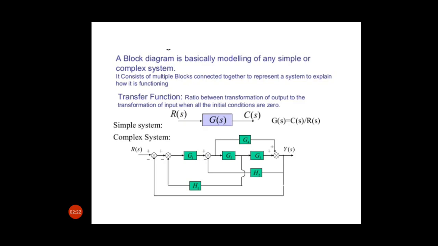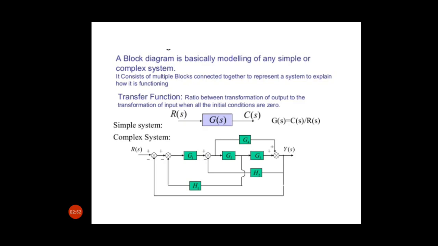So what is the transfer function of this system? Transfer function of the system is G(s), and this G(s) is equal to C(s) by R(s), and we can easily find the transfer function of this simple system. Now you have seen a complex system where so many blocks or so many summing points or so many signals are connected together.